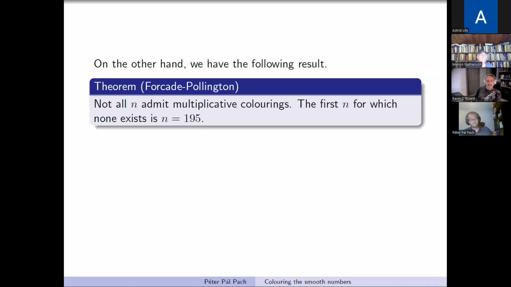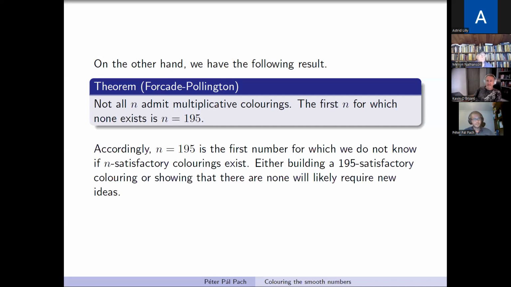So all the constructions that I mentioned in my talk can be obtained with this method. And according to the result of Fourcade and Pollington, for instance, for 195, this is not possible. So either there is no good coloring at all, or a new kind of construction is needed in this case.